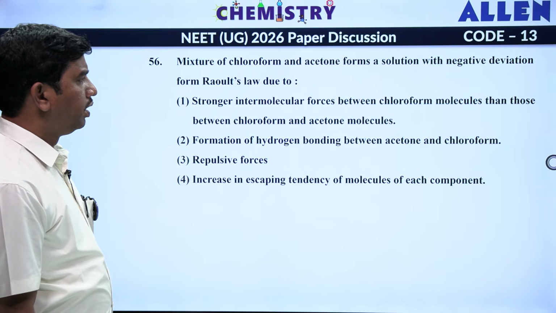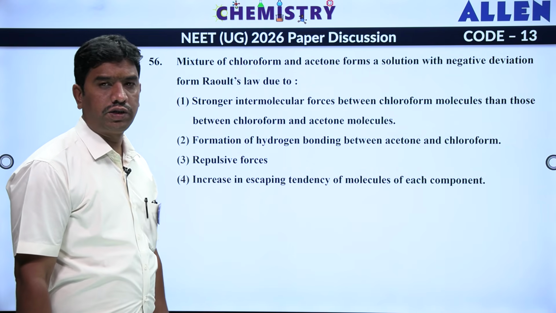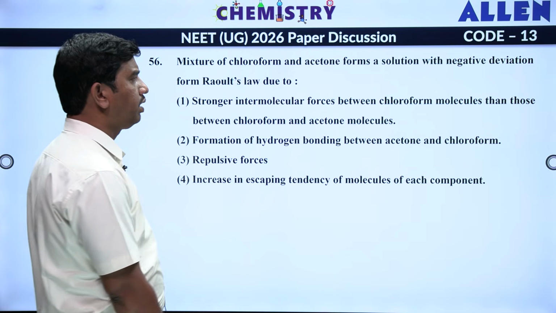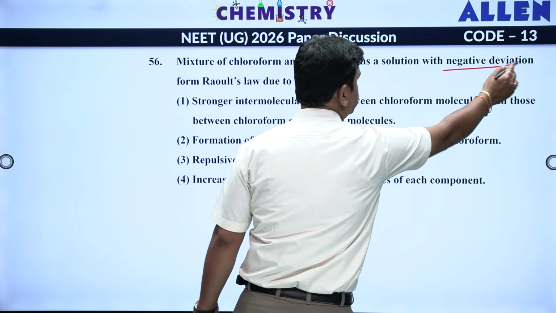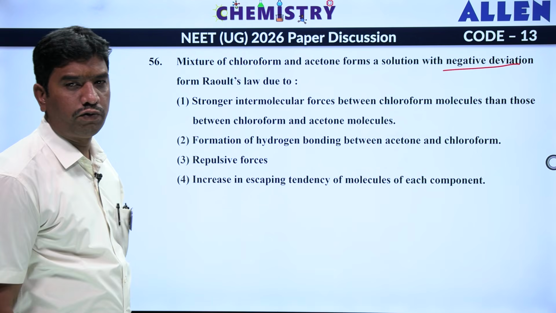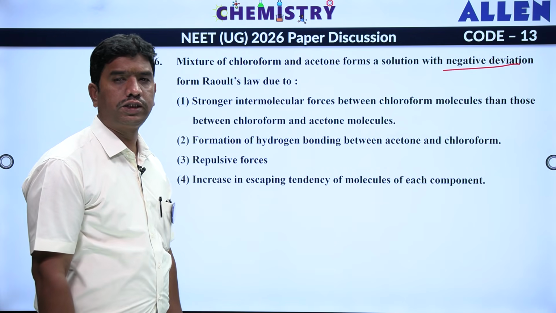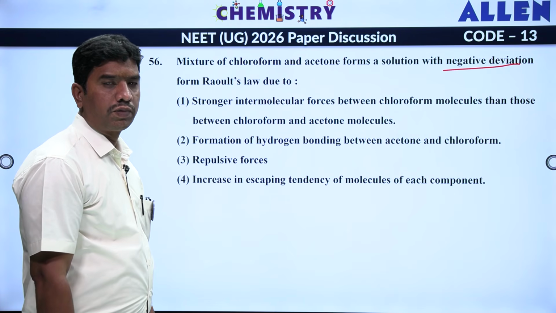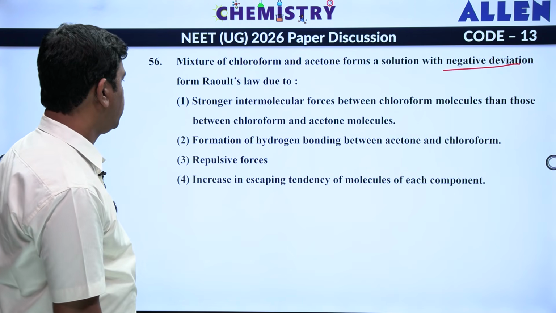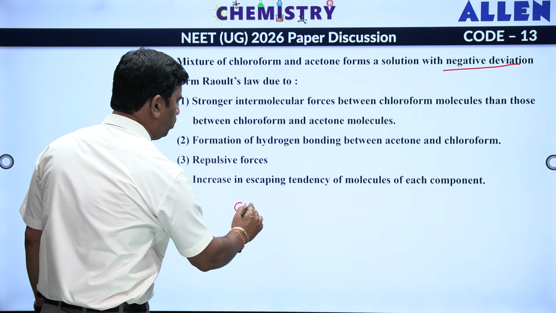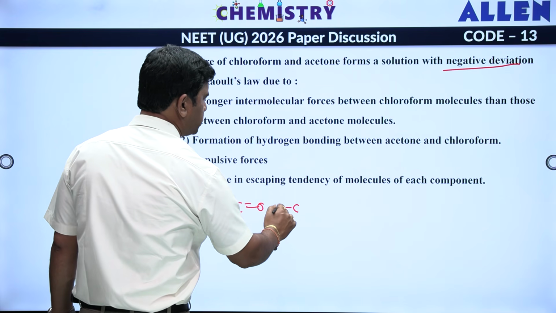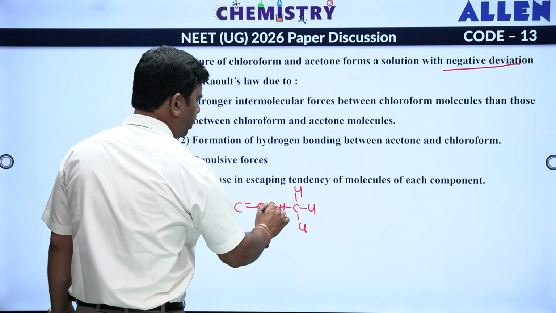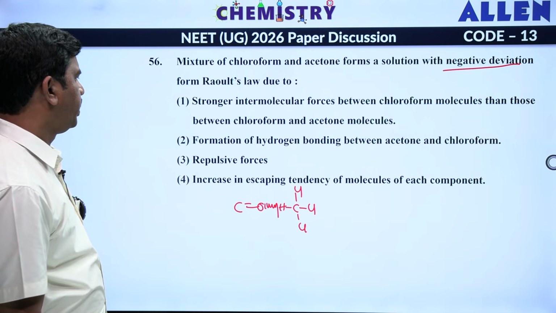This is assumed like a positive deviation, negative deviation, like non-ideal solutions concept. So here they only mentioned negative deviation. Negative deviation means attraction forces between the two components are more. If you consider acetone, C double bond O, and chloroform, CHCl3, here hydrogen bonding is possible, right.